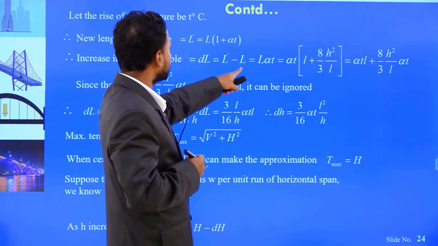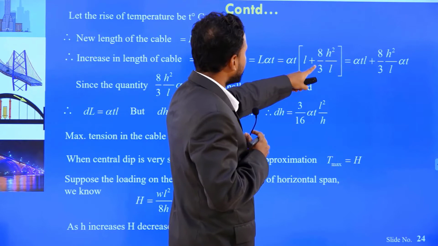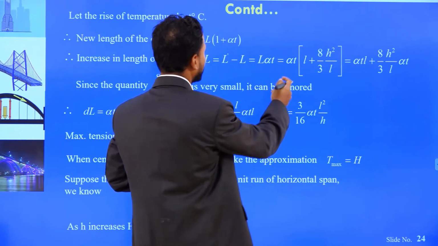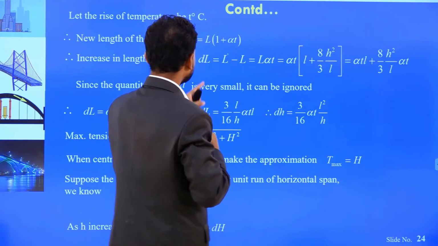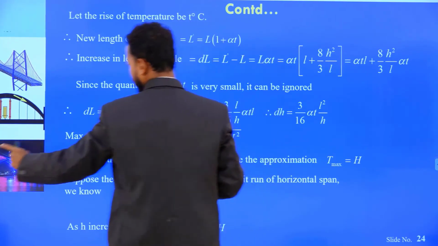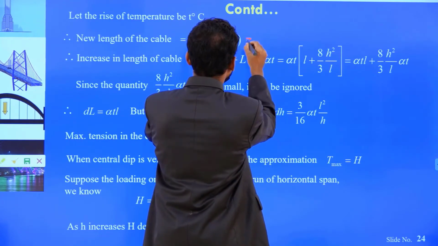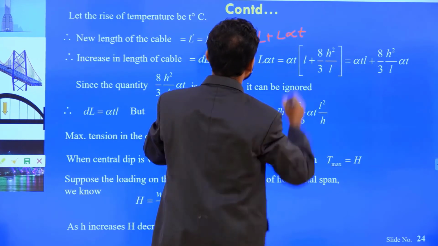And what is L? L means l plus 8 by 3 H square by l. So if I take alpha T common, I can write L dash equals L plus L alpha T, right?